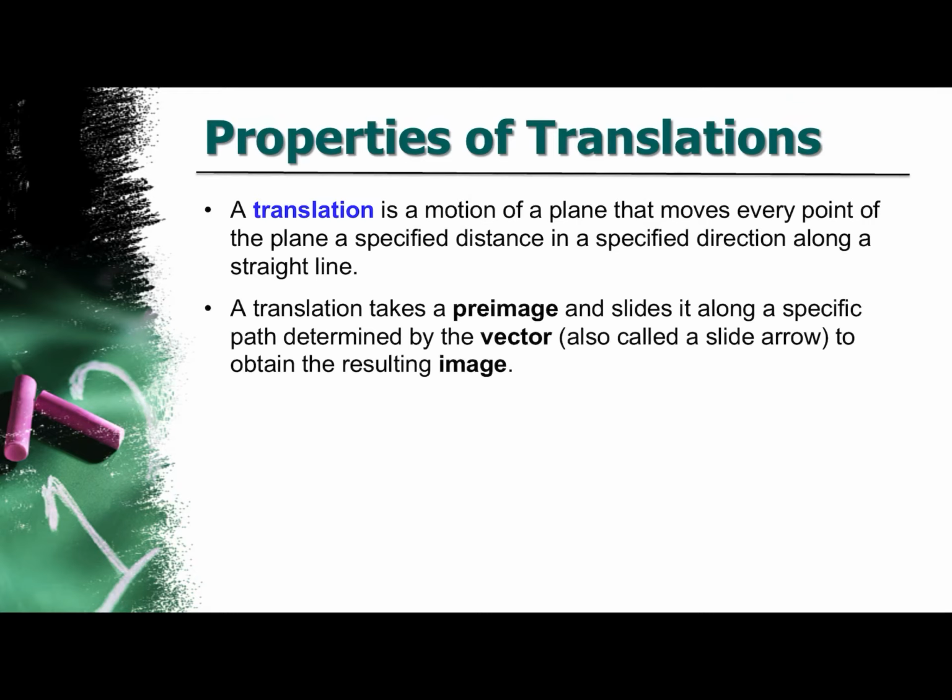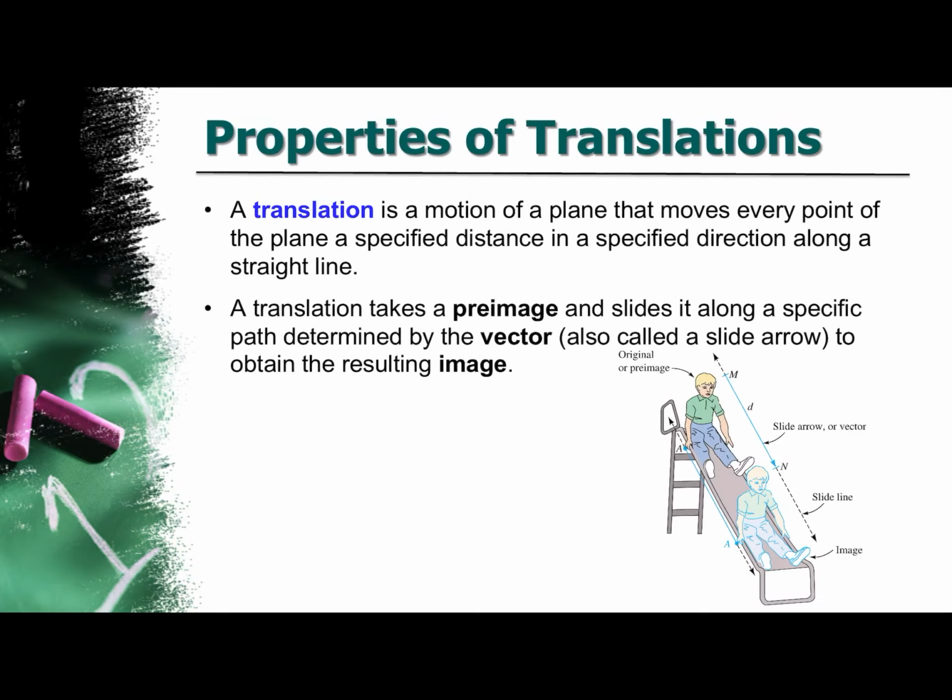It takes a pre-image, that's the one you start with, and it slides it along a specific path, which is determined by a vector. A vector is basically an arrow. It tells you the direction it goes, and how far along that direction to go, and you get an image. So you can think about it like an actual slide, right?